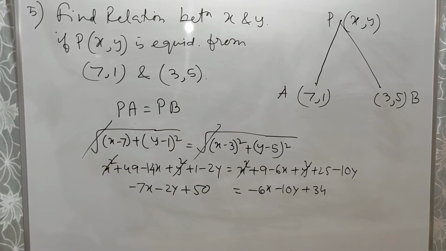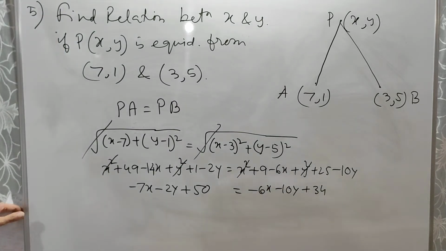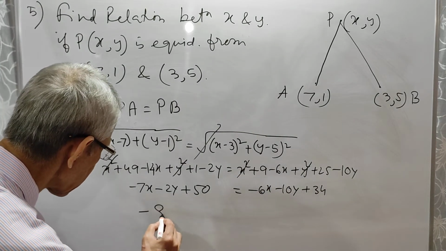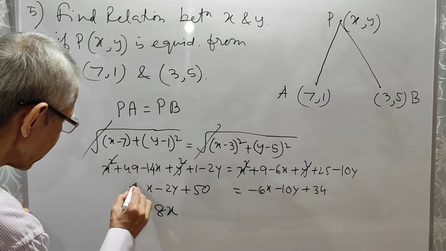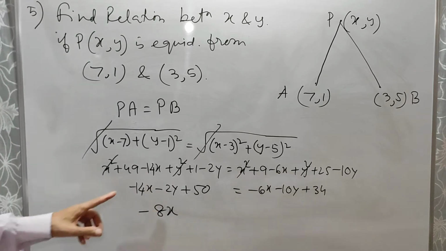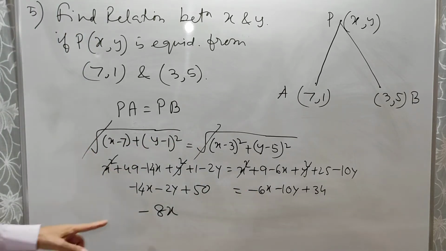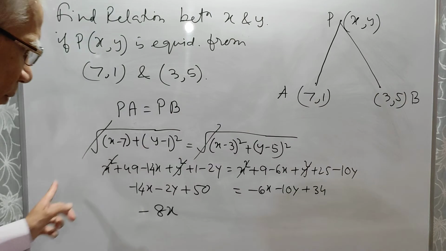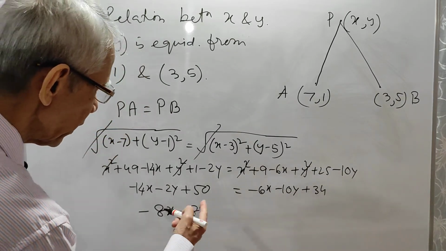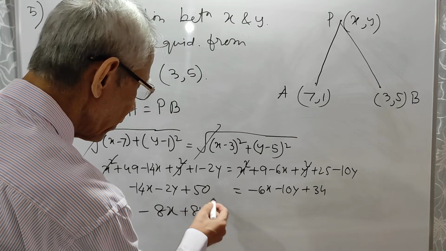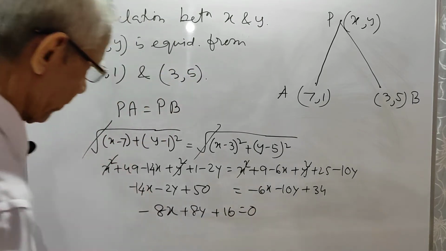Then minus 14x plus 6x, that is minus 8x. Minus 2y plus 10y, bringing this side, it will be plus 8y. Then 50 minus 34, that is plus 16, equal to 0.